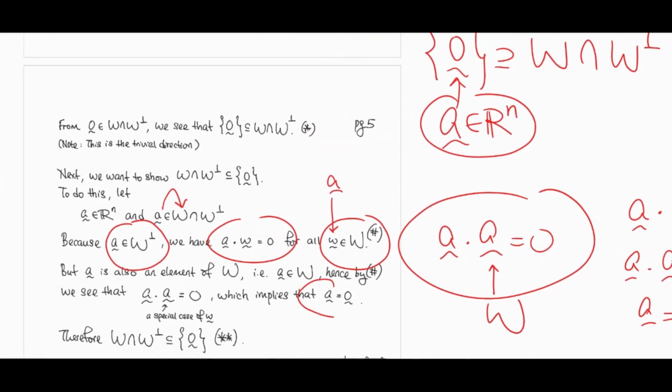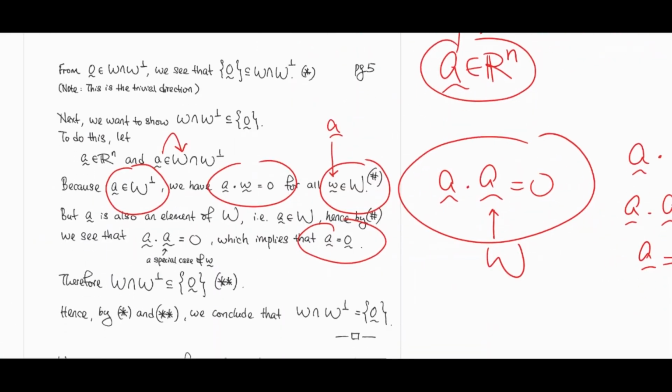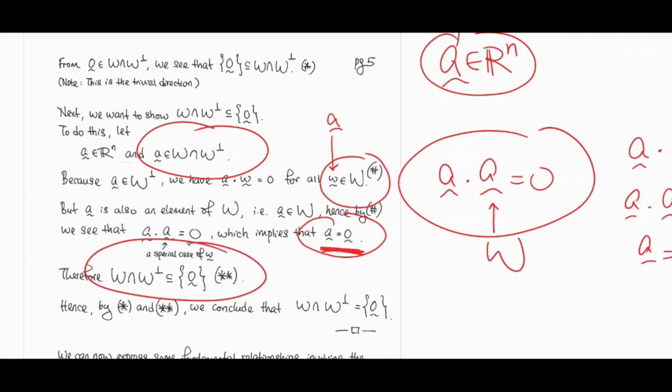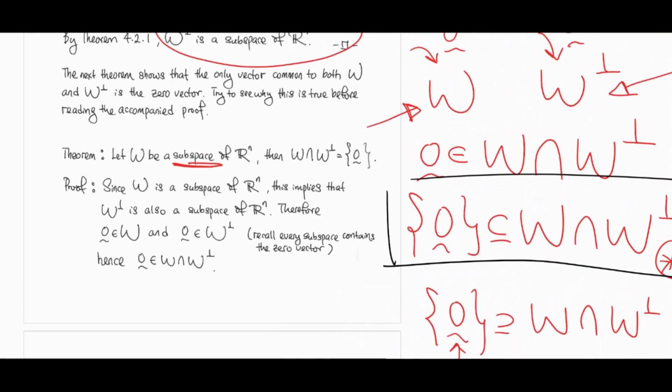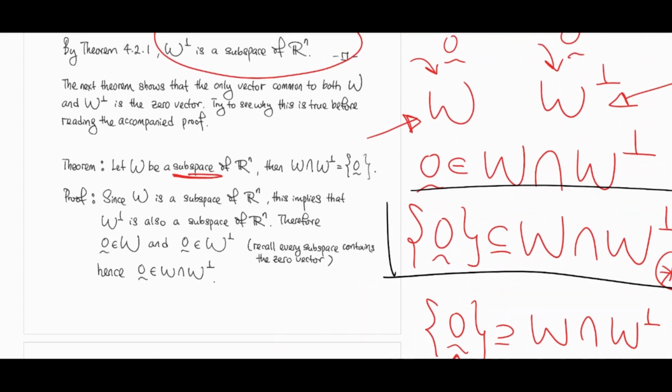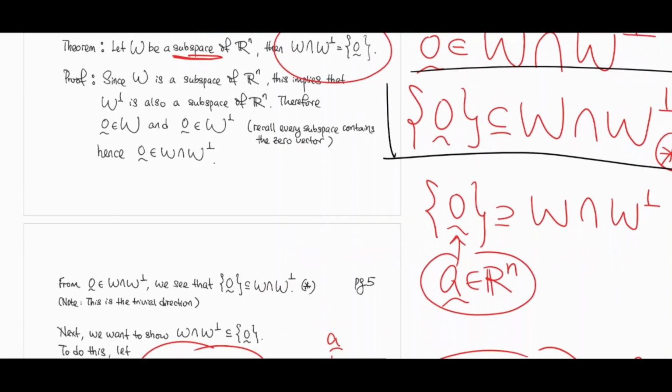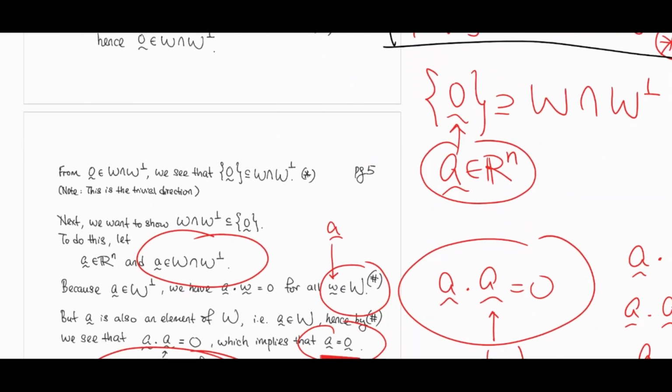So we are using it there, and you can see that it implies immediately that an element that is in here cannot be any element except the 0 vector. Therefore, we have these inclusions, and therefore we have this set equality. So now we know this very interesting fact that W and W perp have one common element, and one common element only, and that is the 0 vector.